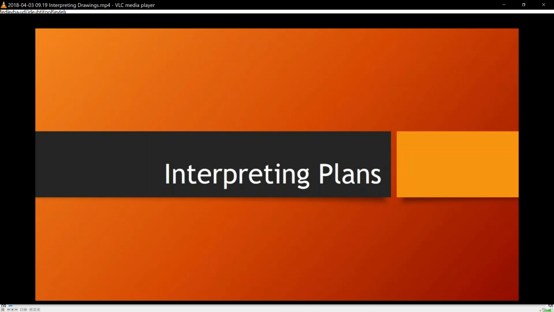We record this session, called Interpreting Plans, so that the 105 FRP team in Vietnam could better understand how structural and architectural plans are drawn, or typical plans are drawn. Every consulting firm, whether it's architectural or structural, has their own drawing standards that they adhere to, but for the most part, most plans are fairly similar.